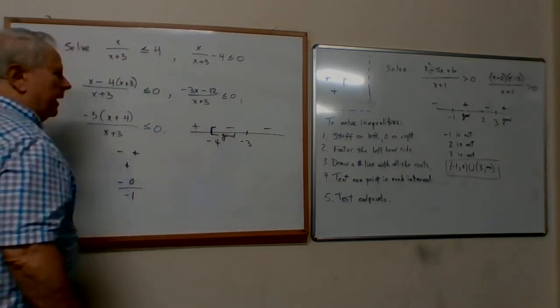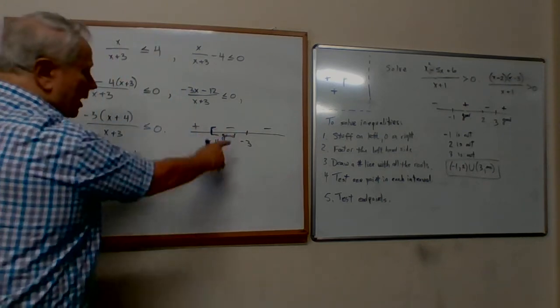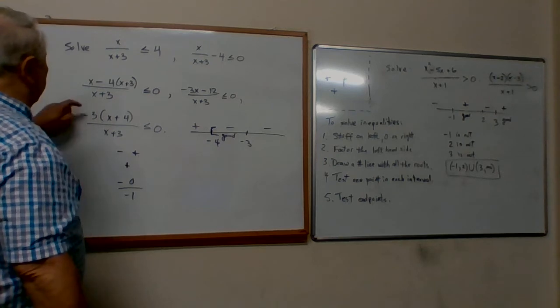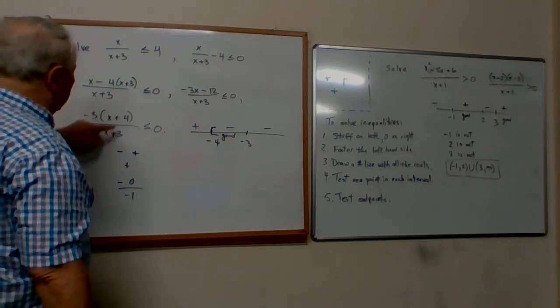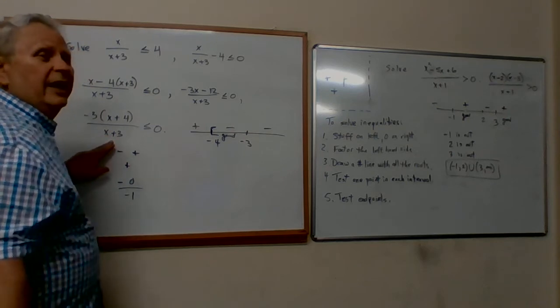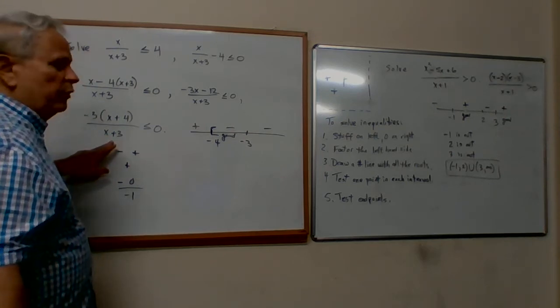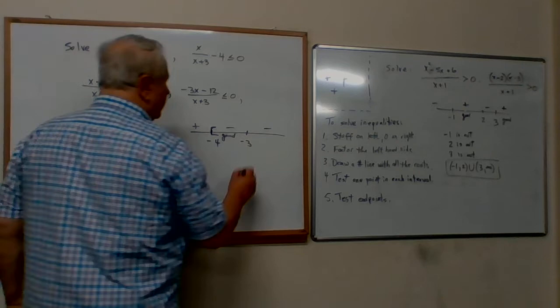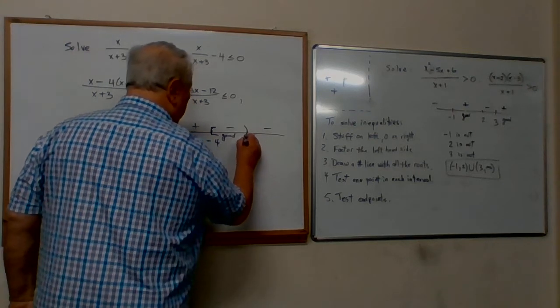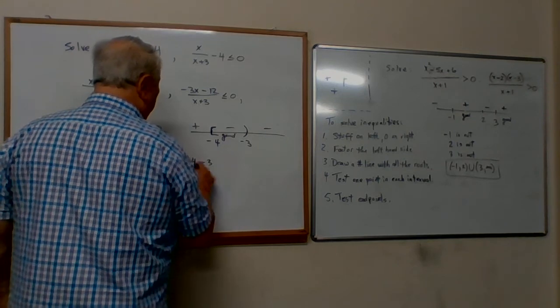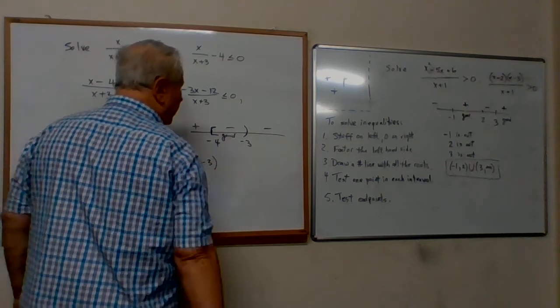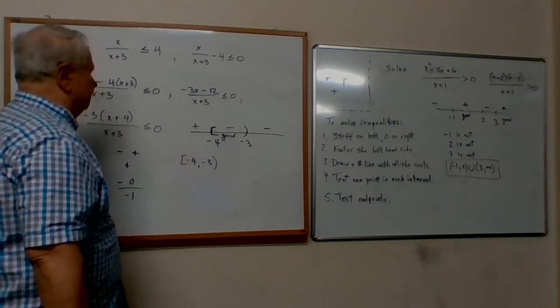I'm going to include that. What about negative 3? If I plug in negative 3, I get negative, I get positive, but I get 0 in the denominator. That's never a good guy. So negative 3 gets left out, and the answer is the interval from negative 4 to negative 3, negative 4 included, negative 3 excluded. Okay?